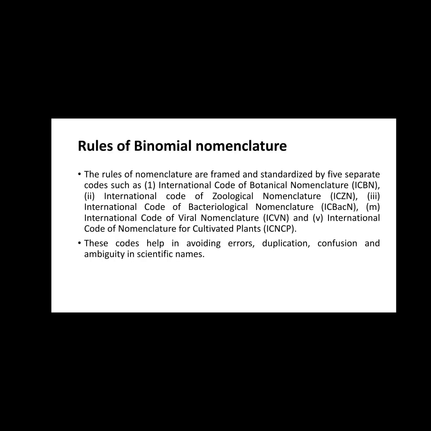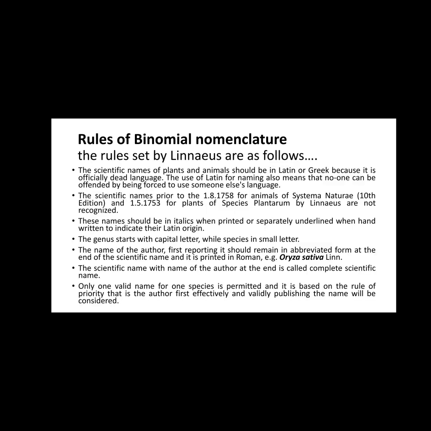There are some rules of binomial nomenclature. There are different or separate international codes for different branches of botany and biology. The first one is the International Code of Botanical Nomenclature, which is simply meant for naming plants. Zoological nomenclature is simply meant for naming animals, and so on.